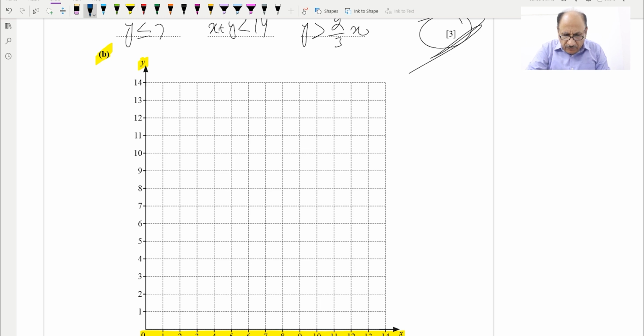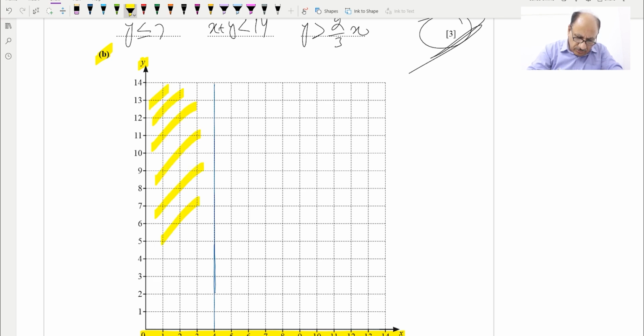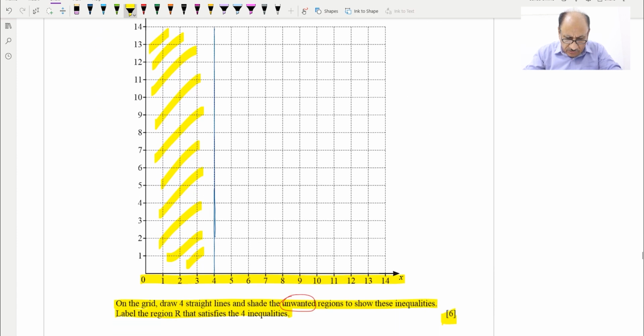I will take this color and draw a solid line, because it is greater than or equal to. This is the solid line which is done. Greater than or equal to is wanted, so less than will be the unwanted region. So the unwanted region is this one. So greater than is okay.